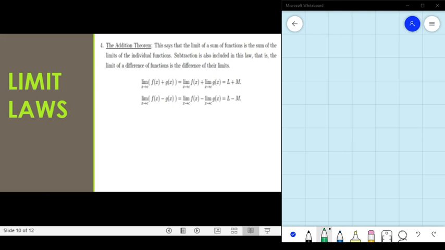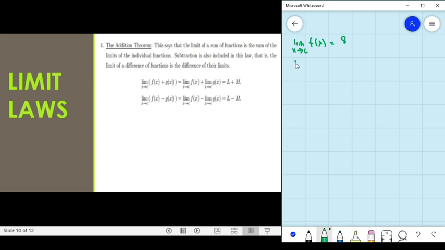So if for example nasolve na nato nga ang limit of f of x as x approaches c is 8 and the limit of g of x as x approaches c is equal to negative 13.